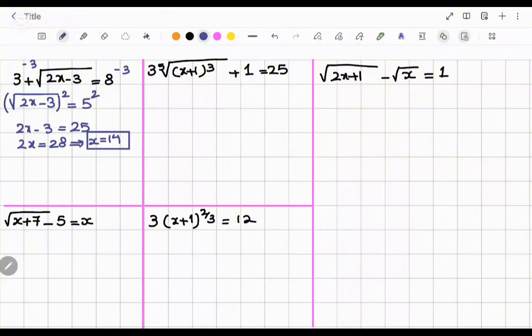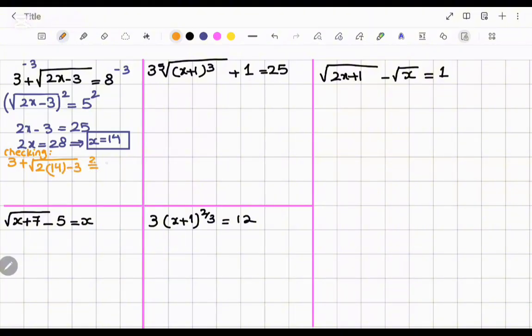So over here, I'm going to check my solution. The checking part is rewriting what I have found for x in the original question. So the check is 3 plus radical 2 times 14 minus 3.